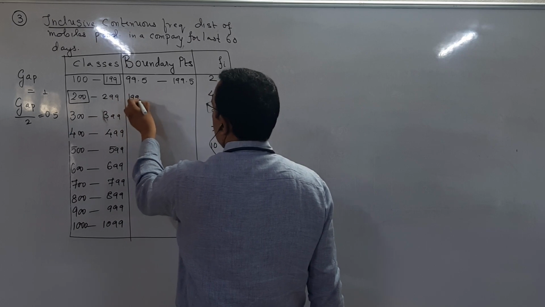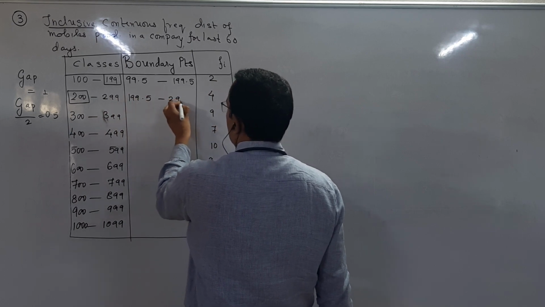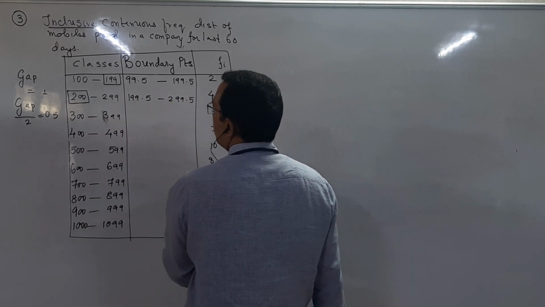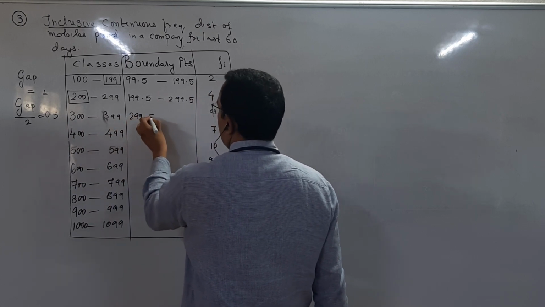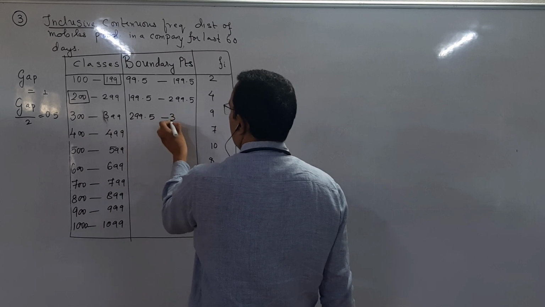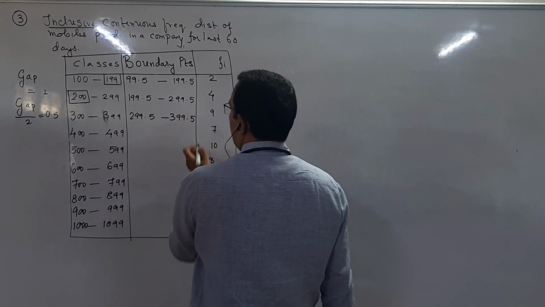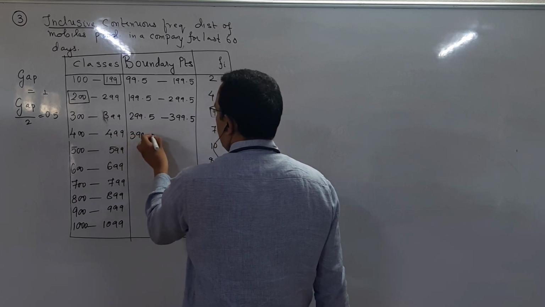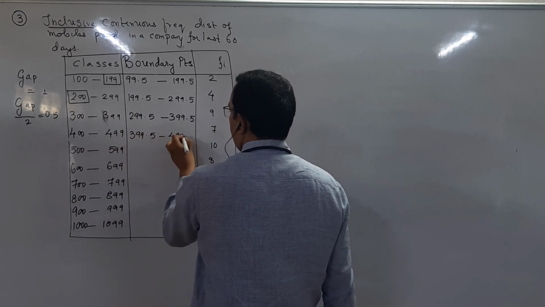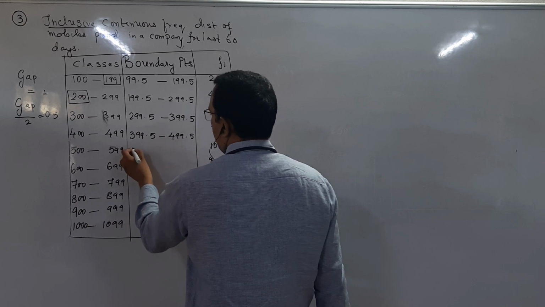Again, subtract 0.5 from 200. So 199.5 to 299.5. Again, subtract 0.5, so 299.5. Add 0.5, so 399.5. Again, subtract 0.5, 399.5. Add 0.5, 499.5.